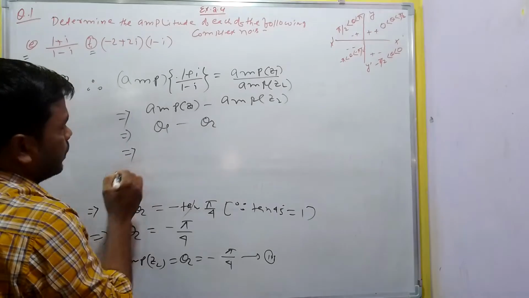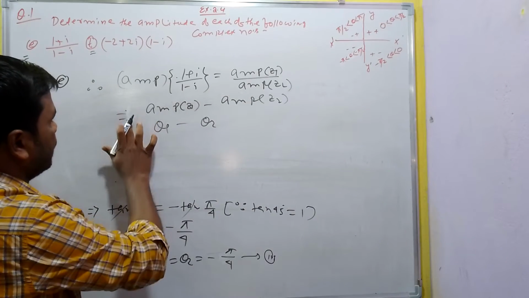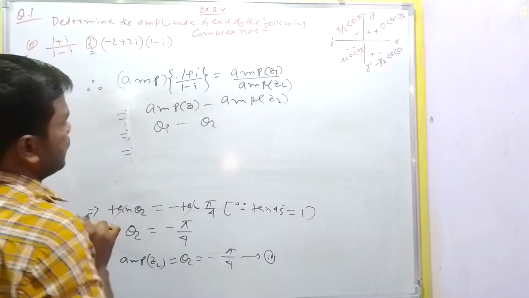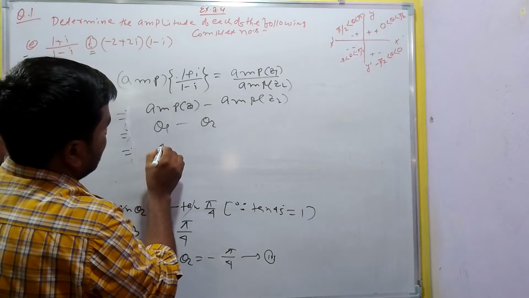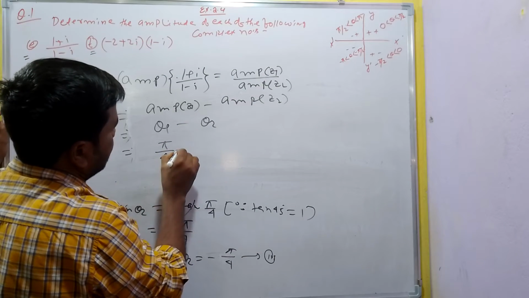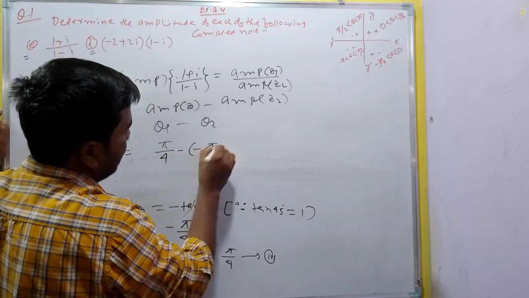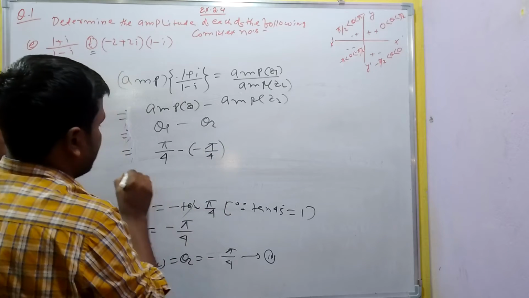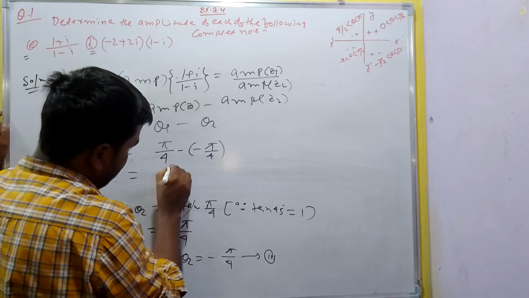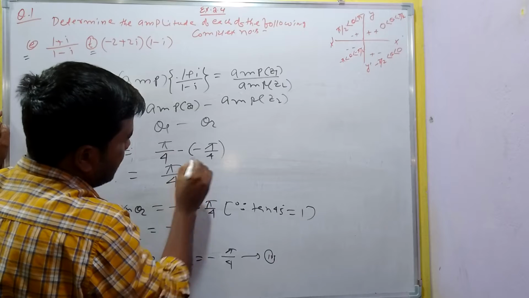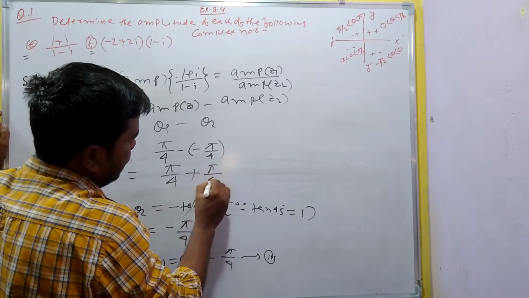So putting the value, pi by 4 minus minus pi by 4, so pi by 4 plus pi by 4.